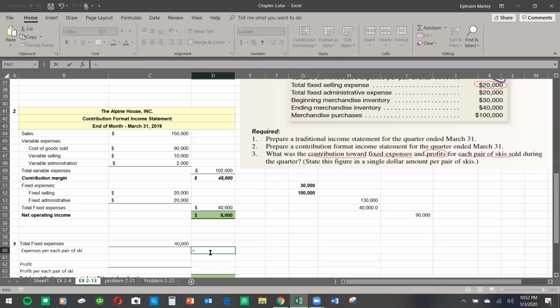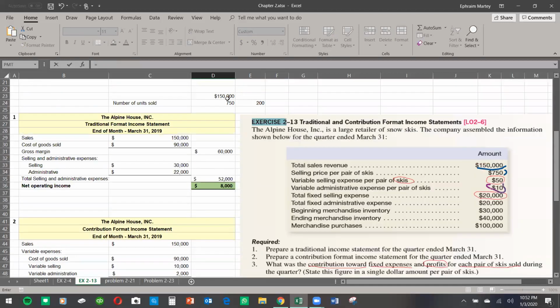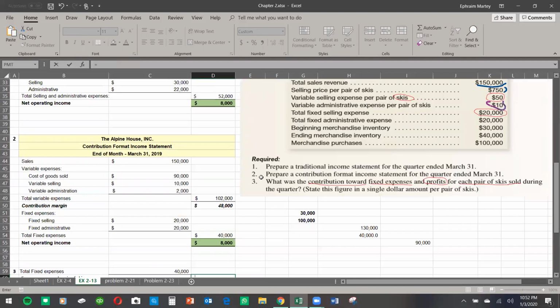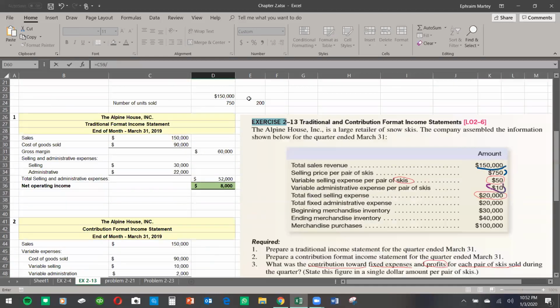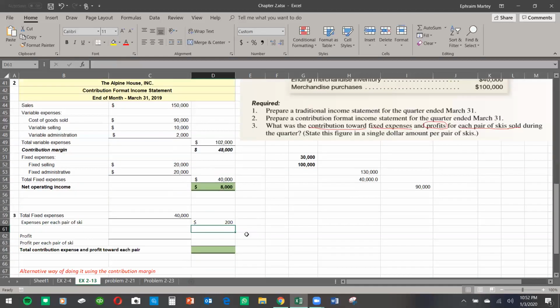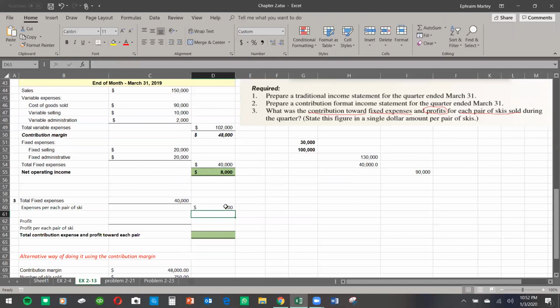We sold 200 pair of skis, so I will take this 40,000 divided by 200, and I'll have $200 here.